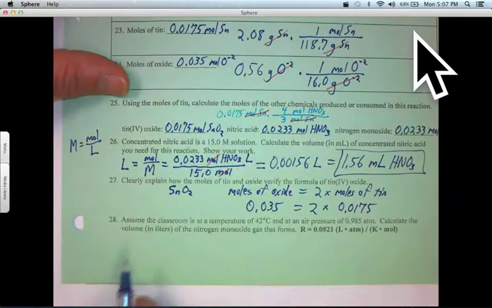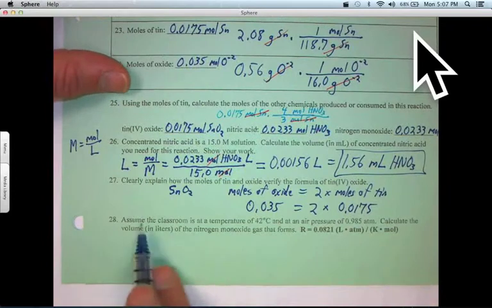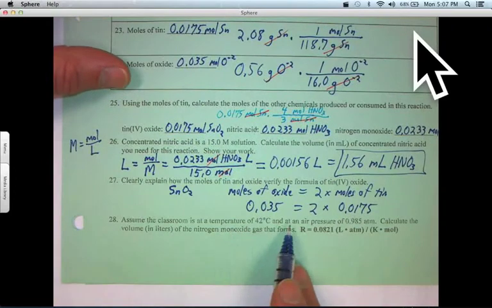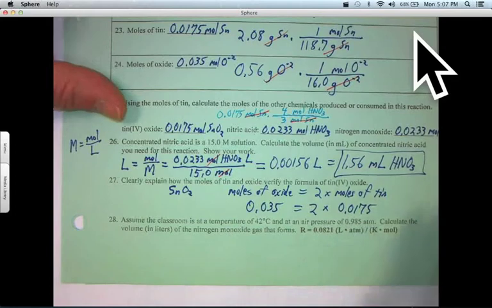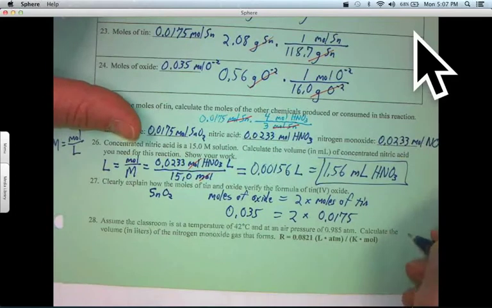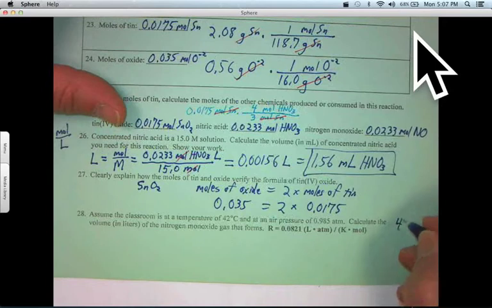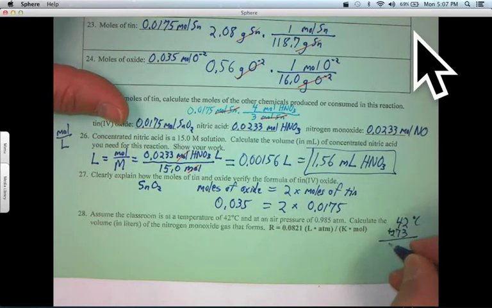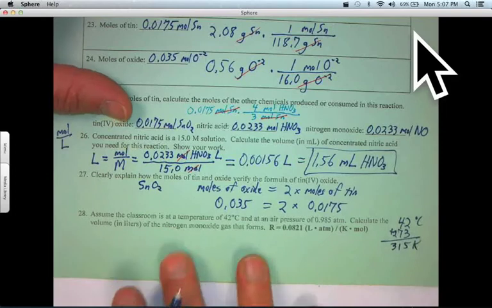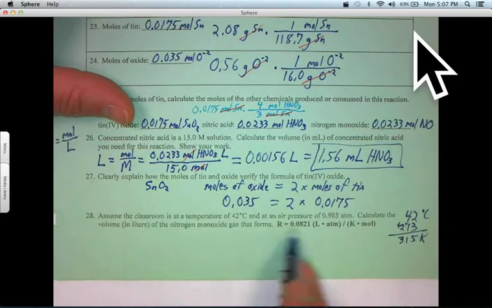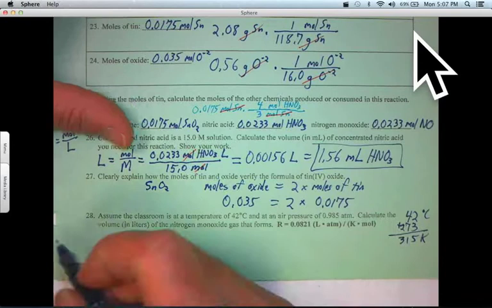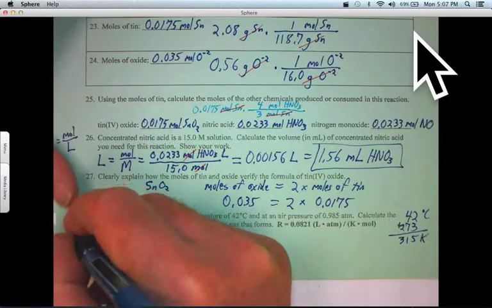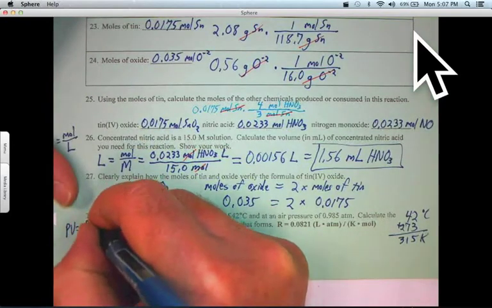Now, lastly, we have a gas problem. Assume the classroom is at a particular temperature and air pressure. I'm going to convert that temperature to Kelvin, so let's take 42 degrees C plus 273, and we get 315 Kelvin. We just have one set of conditions, so this sounds like a PV equals nRT problem.